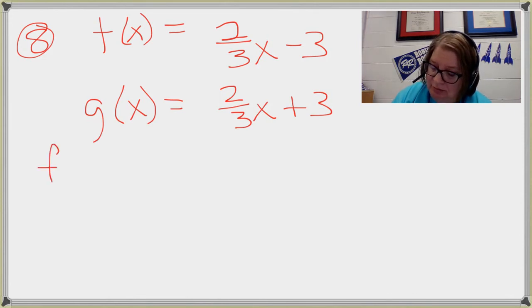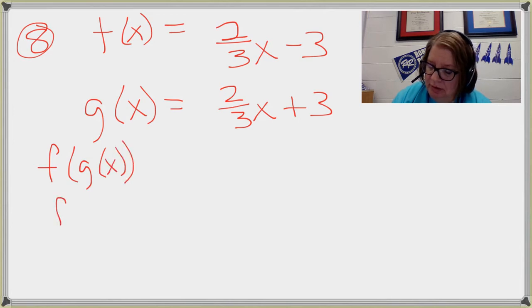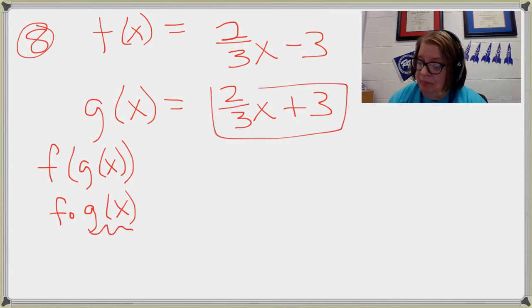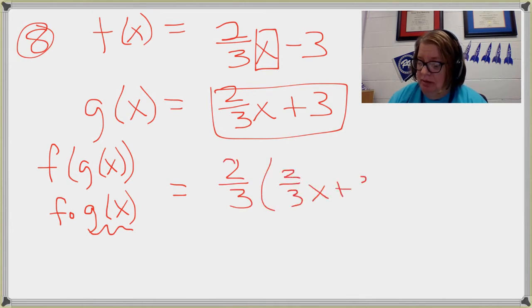You'll also see that it's written like this. It can also be written like this, which means exactly the same thing. Start with what's in the parentheses, g of x. Use it to replace the x in the other equation. So I have 2/3. In place of the x, I got 2/3 x plus 3, minus 3.